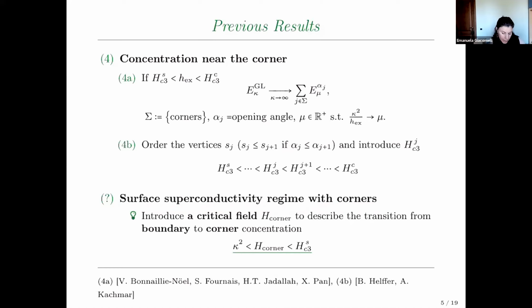I hope that I convinced you that what we can try to prove is to introduce a new critical field, which so far we just call H corner, such that the critical field is between kappa squared, which I remind you is nothing else than HC2, and bounded by the third critical field of a smooth domain, and try to see if in presence of corners there is still concentration of superconductivity along a boundary layer. So this is the problem we want to look at.